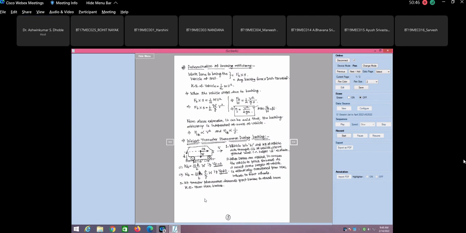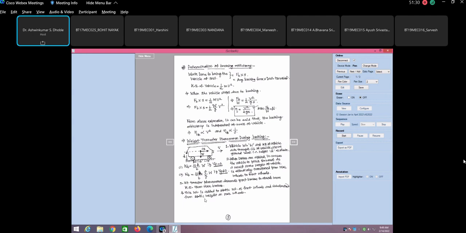Now the fourth point is important. This weight is added to the static weight of front wheels and subtracted from the static weight on rear wheels.